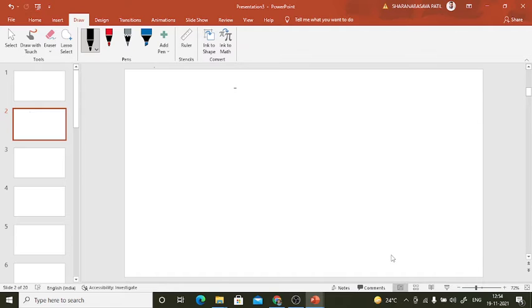Today I am going to talk about how to find voltage gain and output resistance of various MOSFET amplifiers. There are three MOSFET amplifiers.